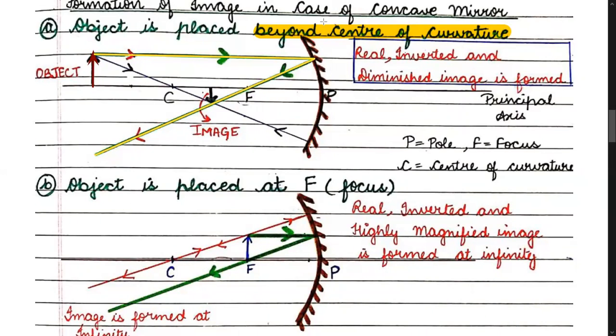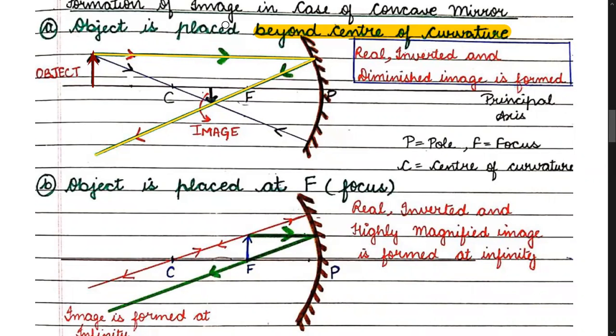This was our third rule, which we have drawn in figure 1 also. So a ray parallel to the principal axis, after striking the mirror, goes away from the mirror and passes through the focus point. This ray which is passing through the focus point is known as the reflected ray.